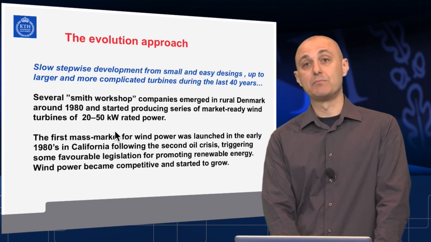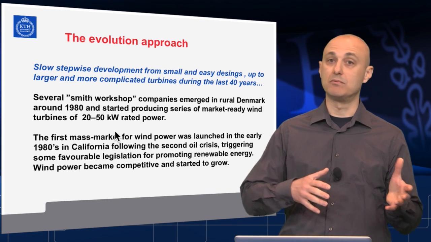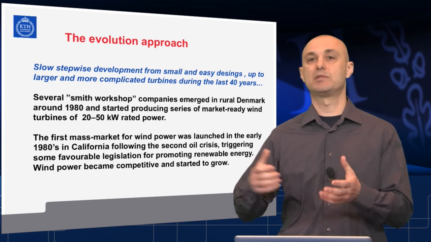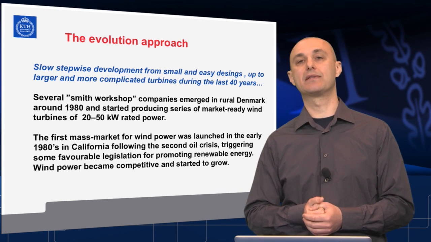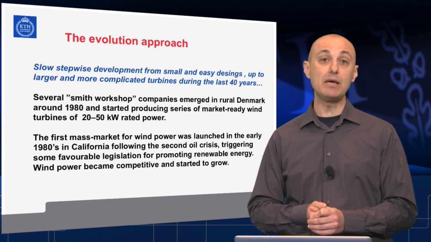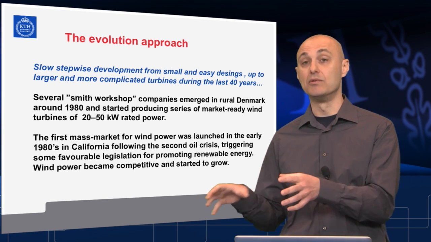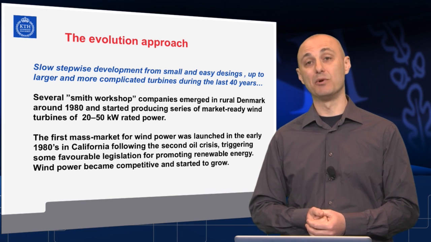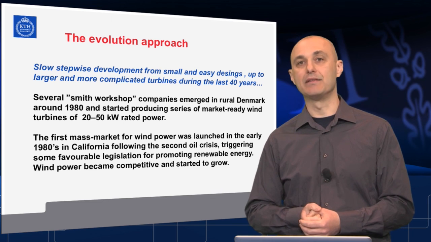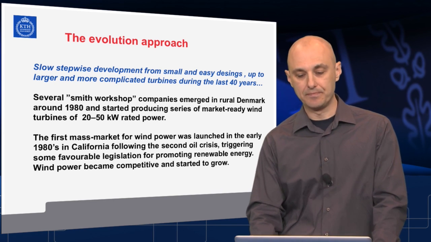All of them produced by very small workshops, well, kind of factories out in the countryside in Denmark, which were supporting the agricultural sector, producing maybe other types of small machines, and being able to switch quickly into making small wind turbines or putting together, from spare parts, some kind of a self-made wind turbine.